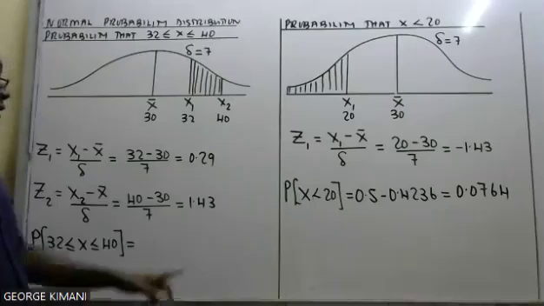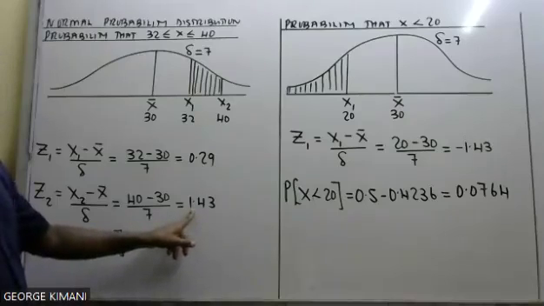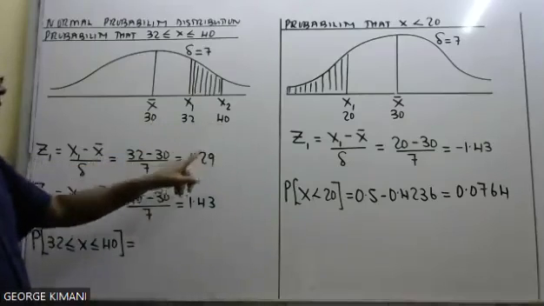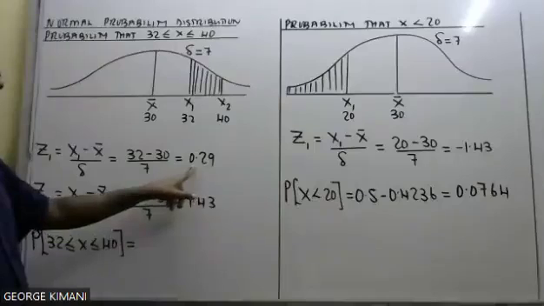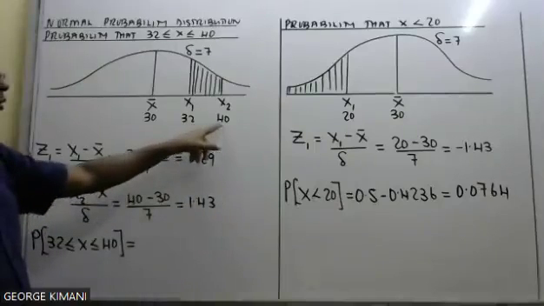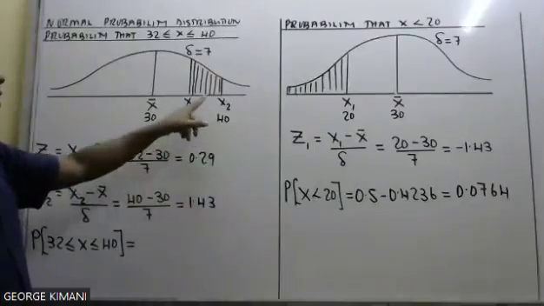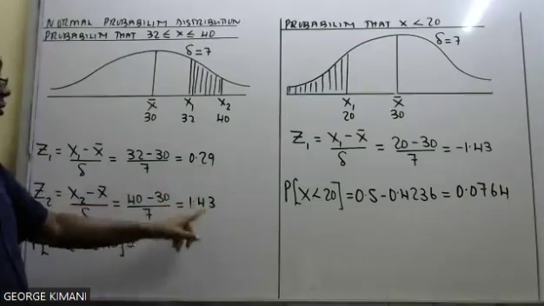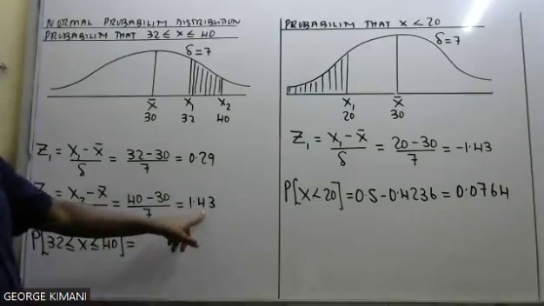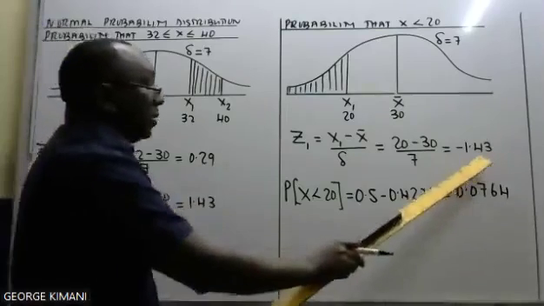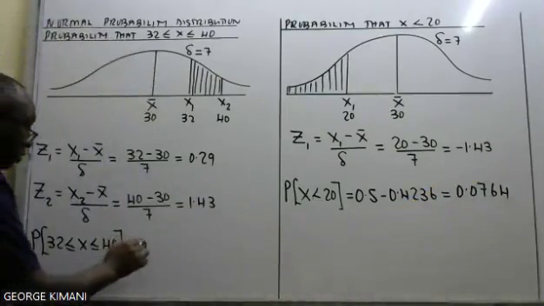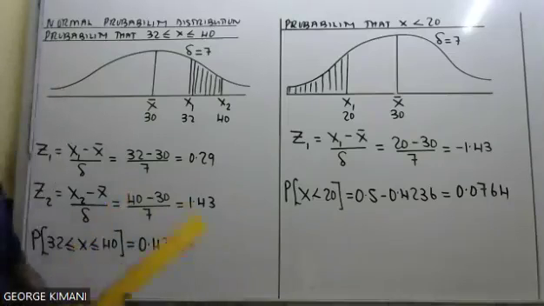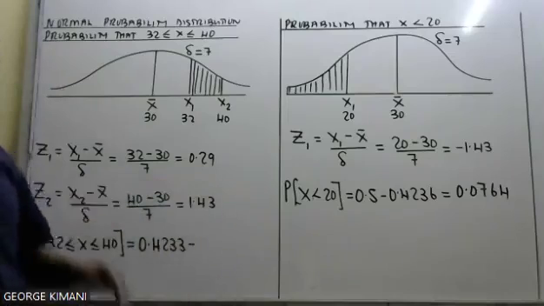Let me repeat. When you read 1.43, it is the probability from 30 to 40. When you read 0.29, it is the probability from 32 to 30. So for you to get your desire, you must now subtract this from this. So this 1.43 is the same as what we read here. So it is already known as 0.423. Now I want you to read for me this one, 0.29.